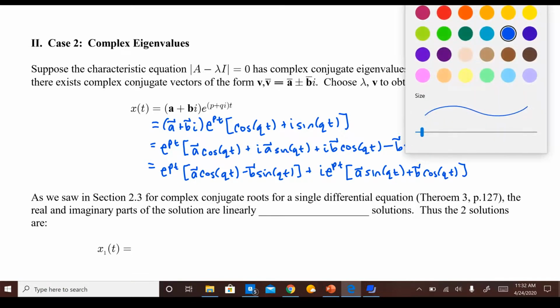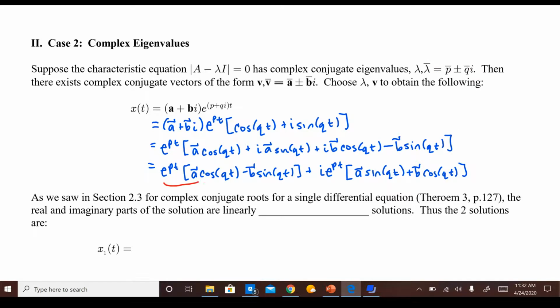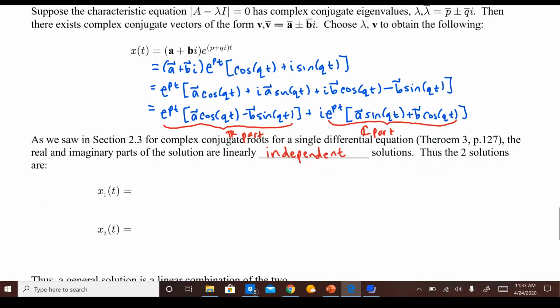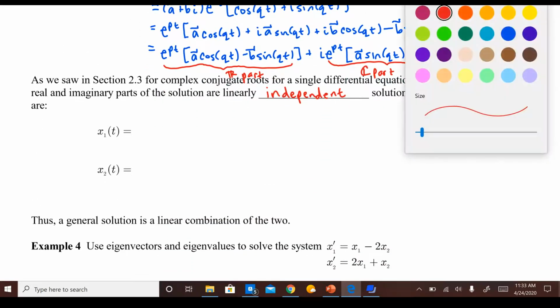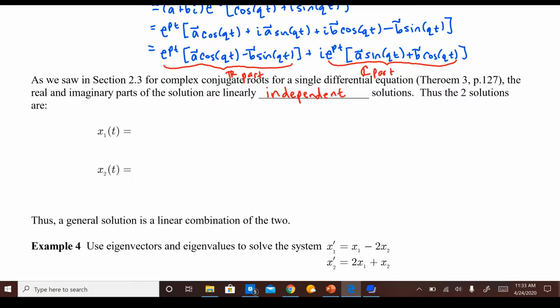So our general solution here has two parts. This is what we're going to call the real part. And this, without the i, is called, of course, the imaginary or complex part. As we saw in section 2.3 for complex conjugate roots for a single differential equation, the real and imaginary parts of the solution are linearly independent solutions. So what that means is we're going to define two linearly independent solutions as derived from our general solution with two parts up here.